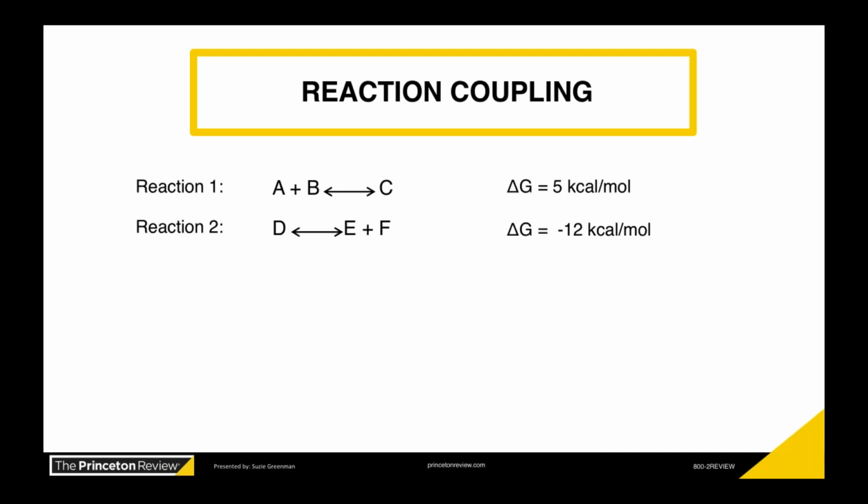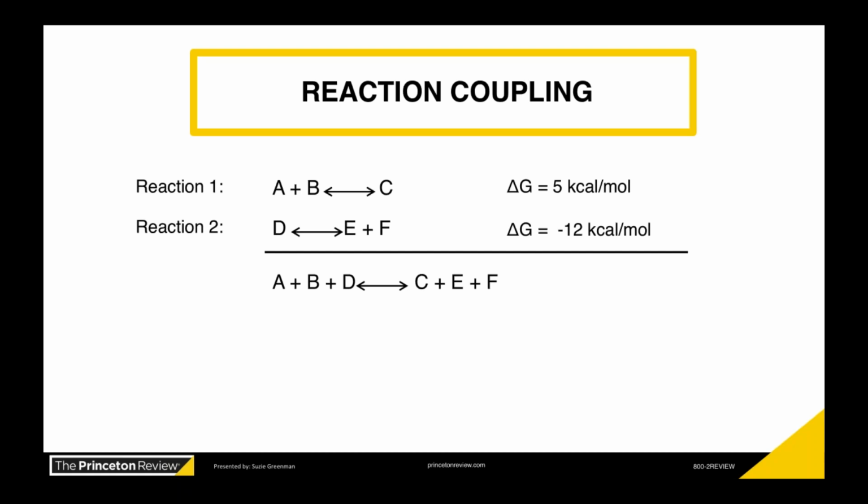So what I can do is I can actually put these beakers together. This is called reaction coupling. If I combine the beakers, then the energy that's being released as D breaks down into E and F is enough to overcome the energy barrier that A and B need to create C. So that energy is all being put together, and now I have C being created.